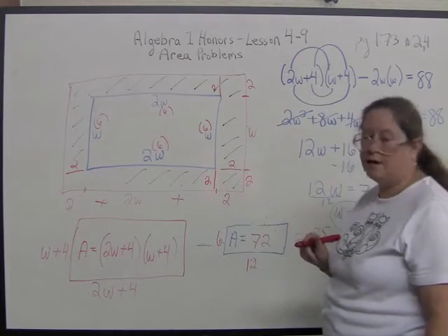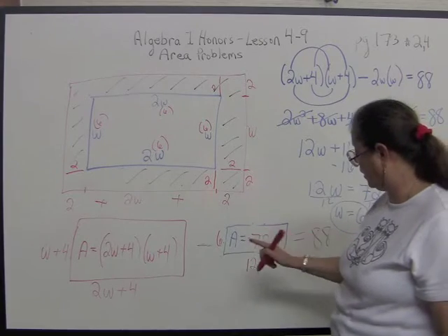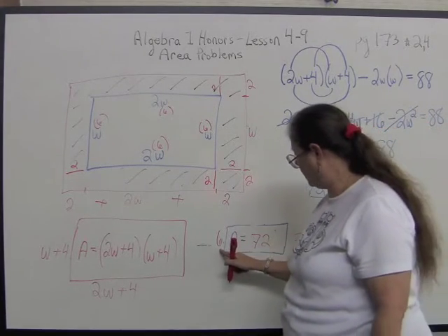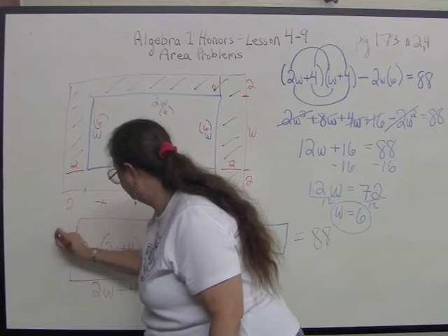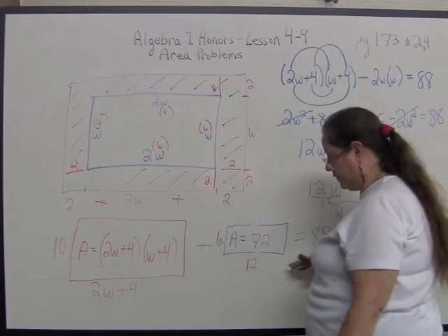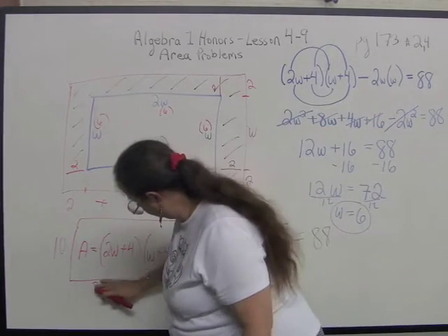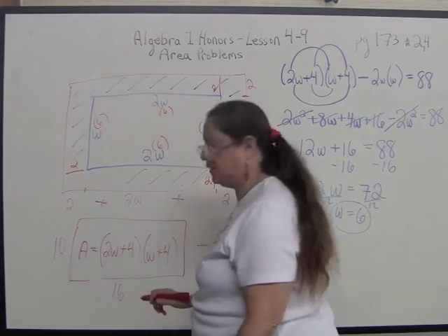Okay. Now the larger one says that each side was increased by 4. So 6 plus 4, that means that its width is going to be 10. And 12 plus 4, that means that this length is going to be 16. Okay?